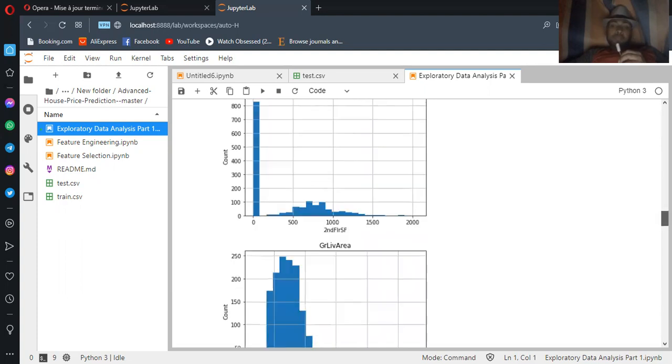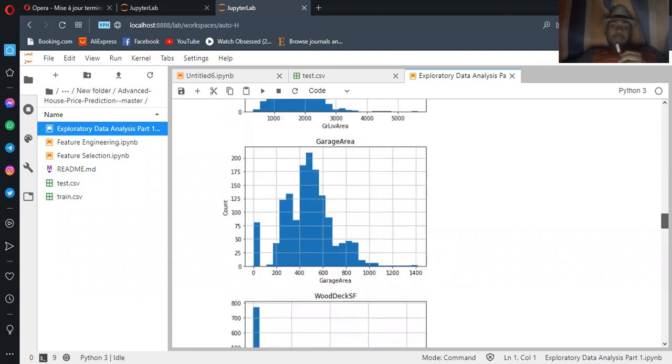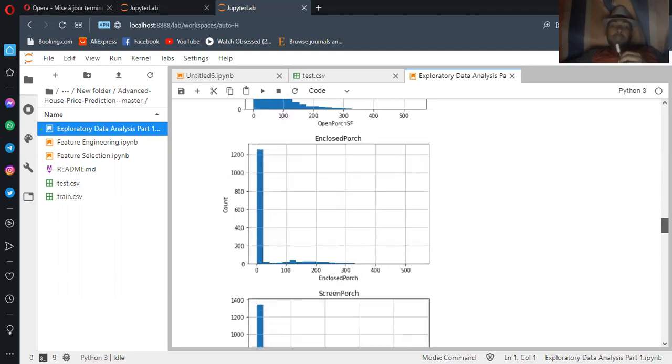Also for the other ones, so the living area, how it is, garage area. That means the area of the garage. The most frequent area of this garage is between 2,000 and 8,000 or 60,000. That means most of the garage area is concentrated in this range. Well, this is all the distributions we have.